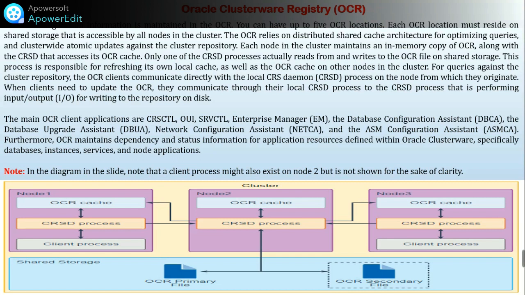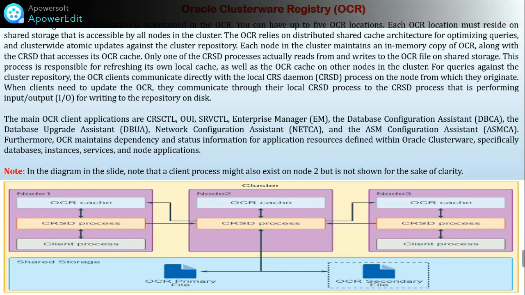The main OCR client applications are CRSCTL, OIFCFG, SRVCTL, Enterprise Manager, the Database Configuration Assistant, DBCA, the Database Upgrade Assistant, DBUA, the Network Configuration Assistant, NETCA, and the ASM Configuration Assistant, ASMCA. Furthermore, OCR maintains dependency and status information of application resources defined within Oracle Clusterware, specifically databases, instances, services, and node applications.